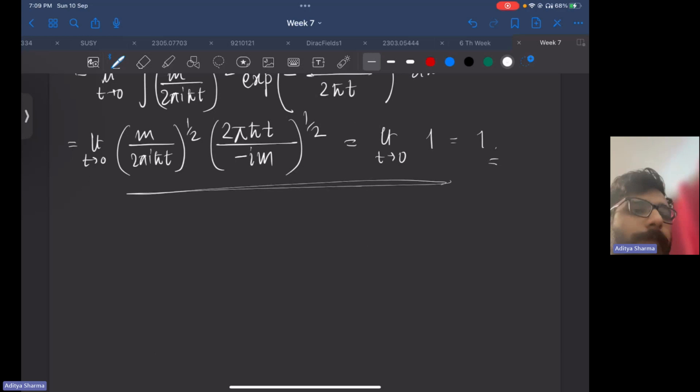Okay, let's do an integral, which will be very helpful for us later. This is an integral which is used for the harmonic oscillator and all those things as well.